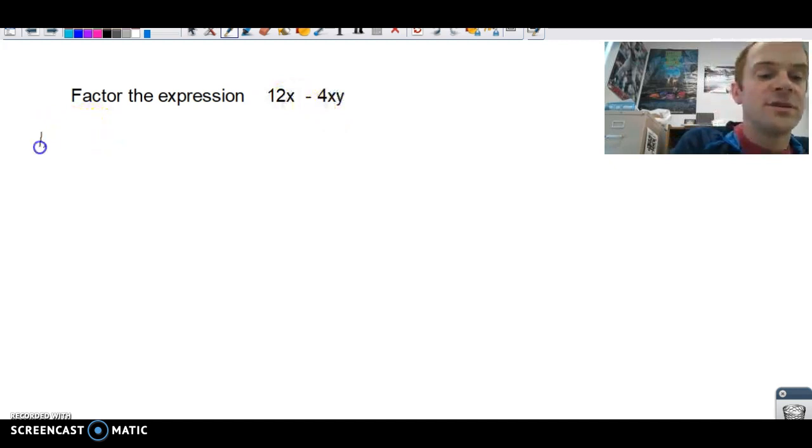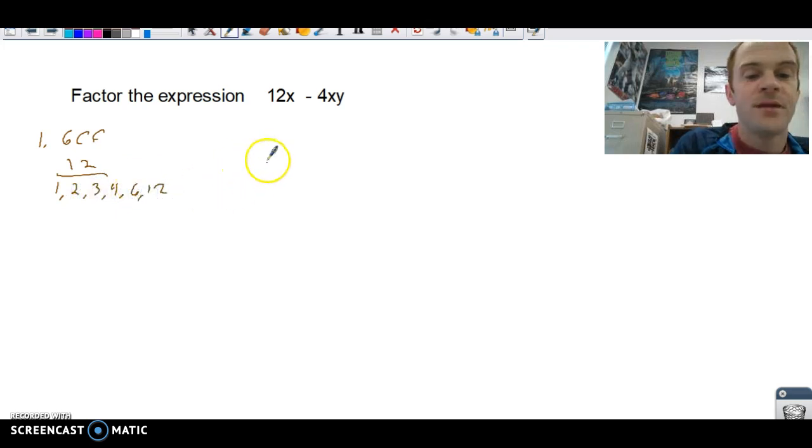So step 1, my greatest common factor: we know that 12 can be divided by 1, 2, 3, 4, 6, and 12. 4 can be divided by 1, 2, and 4. So what's my greatest common factor? Well, my greatest common factor is 4.